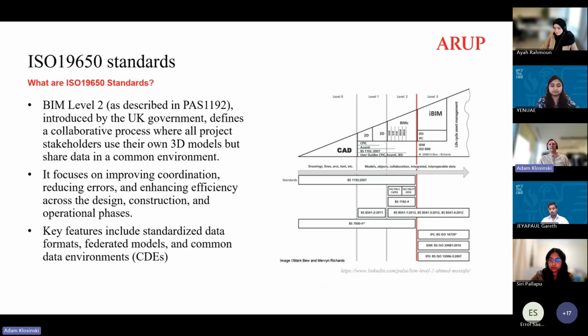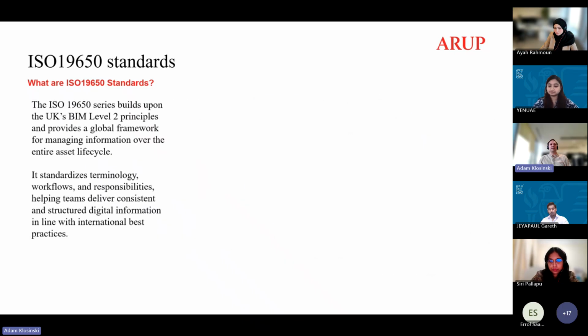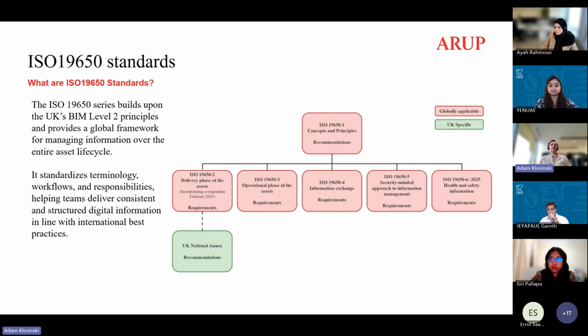Based on these documents, which were specific to the UK market, the ISO 19650 standards were developed. Currently it's used as a common standard across the whole world. Of course, in some places, like the USA, they have their own standards, but the ISO standards are also available and used.